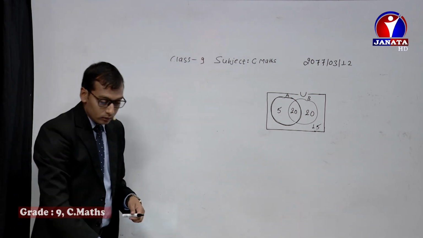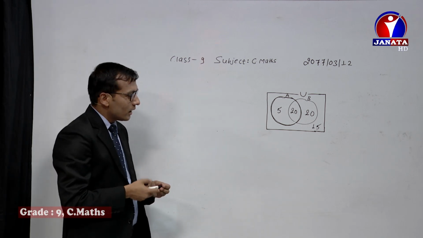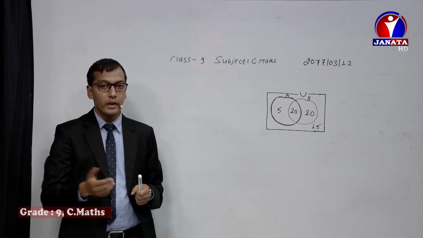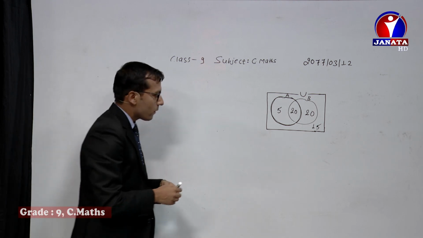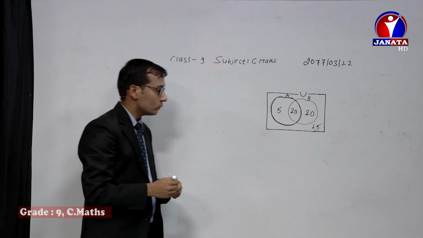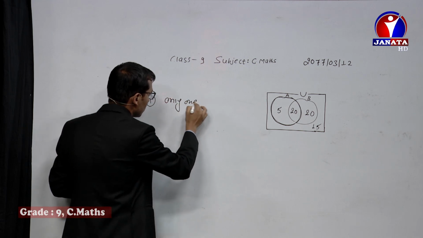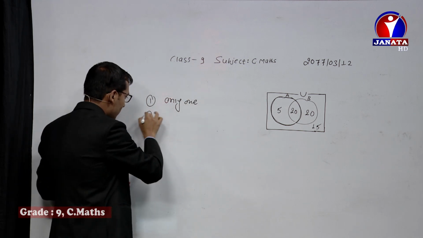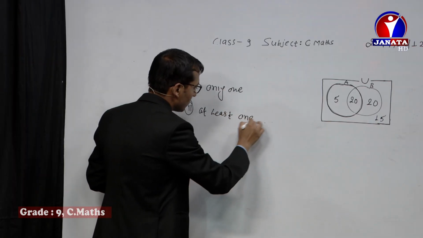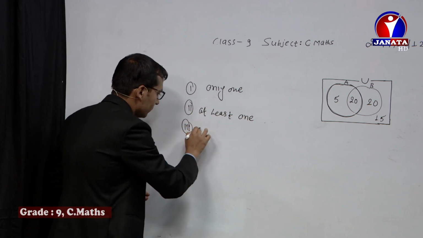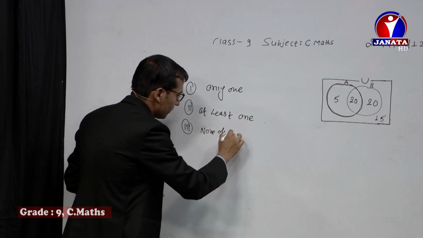Now with the help of this diagram, let me talk about different terminologies, different key points that we need to know in the exercise of sets. If a question uses words like only one, second at least one, and third none of them.